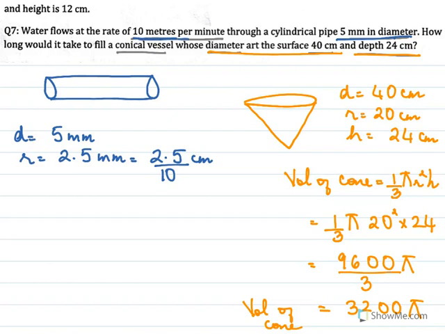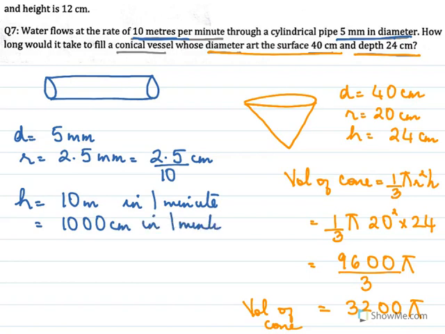Now the water travels at the speed of 10 meters per minute. So in 1 minute it covers a distance, we'll say the height is 10 meters in 1 minute. We'll again work in centimeters, so 1000 centimeters in 1 minute.